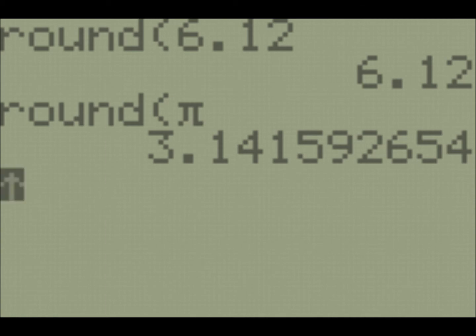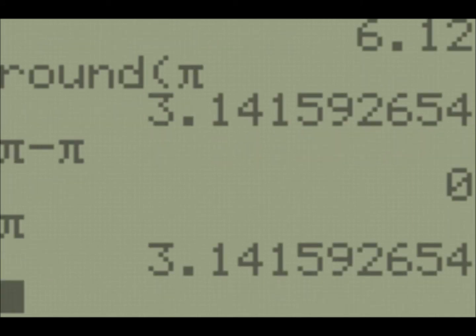Normally if we do pi minus pi, we get 0. And if we just look at pi, it's displaying the same thing that a rounded version of pi is displaying. That's because while you have, I believe, 14 digits of accuracy on your numbers, you are only able to display, I believe, 12 digits at a time. I may be wrong about that; that's off the top of my head.